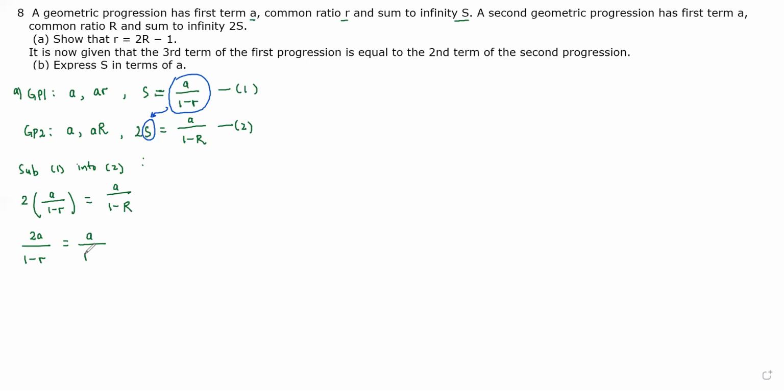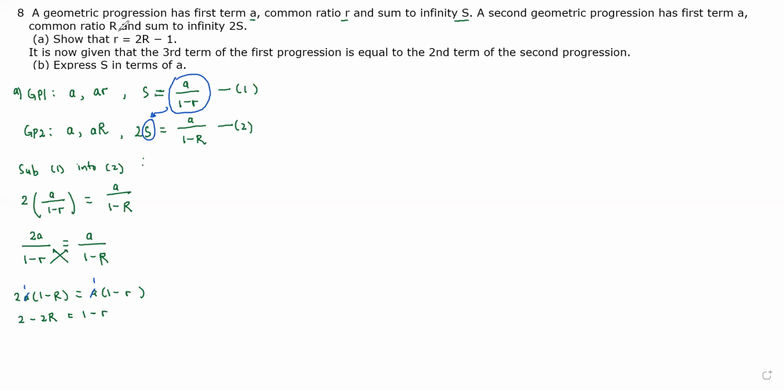We can cross multiply now, so that 2A times (1 minus r) equals A times (1 minus R). Forget about the A, they cancel to be a 1. So we have 2 minus 2r on the left, and we have 1 minus R on the right.